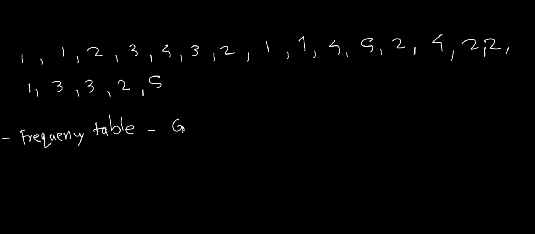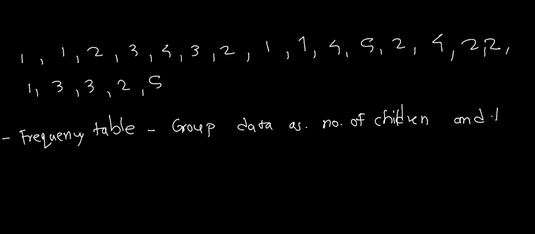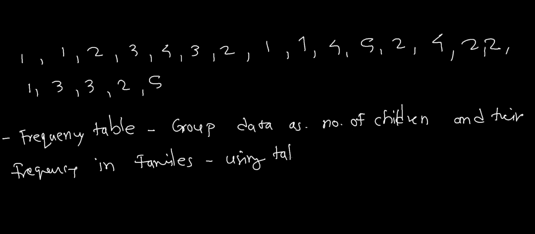We can group data as number of children into the first column and their frequency in families will be the next column, and for that we can use tally bars.